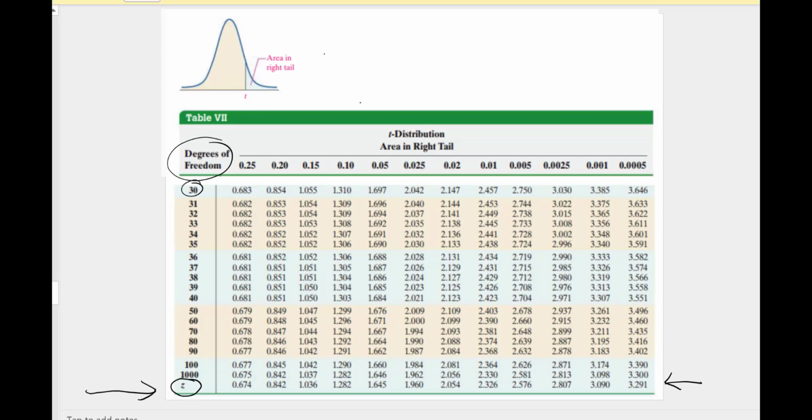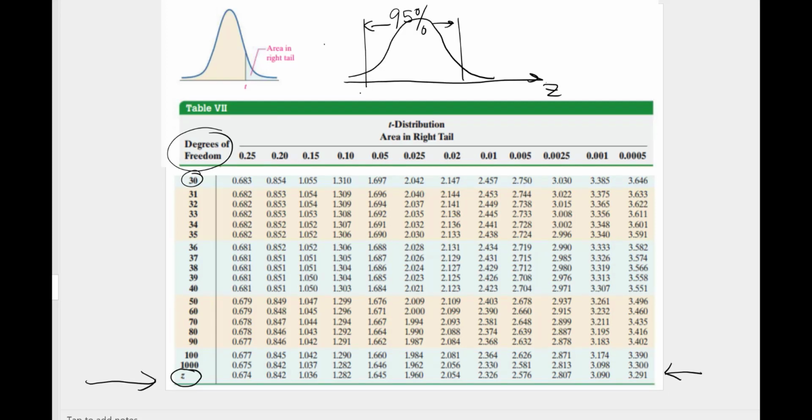We can find in the last row some values from the two tables of the normal distribution. For example, for a 95% confidence level in a normal distribution, this tail should be 2.5%. If we write this percentage in decimal, it's 0.025.